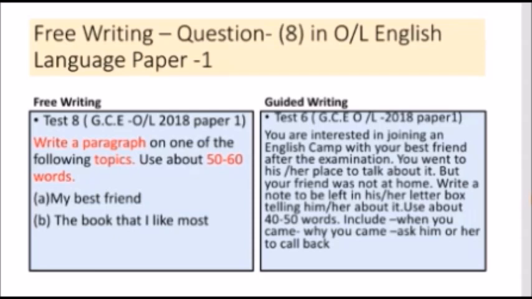You went to her place to talk about it, but your friend was not at home. Write a note to be left in her letterbox telling her about it. Use about 40 to 50 words. Include when you came, why you came, and ask her to call back.